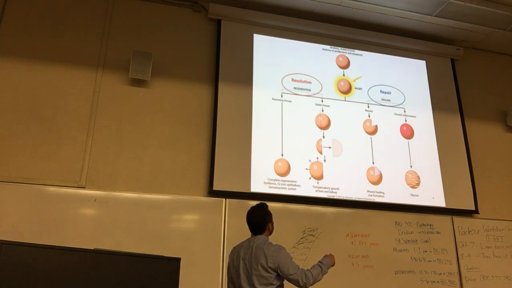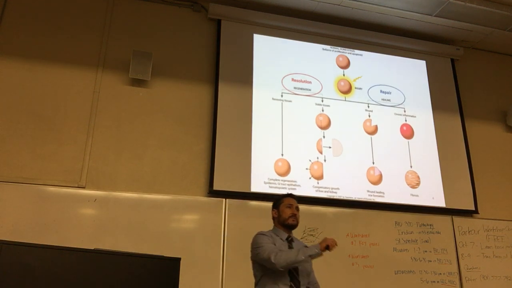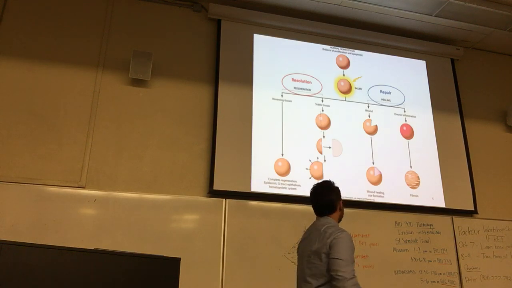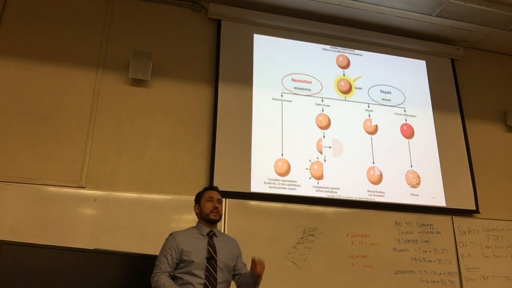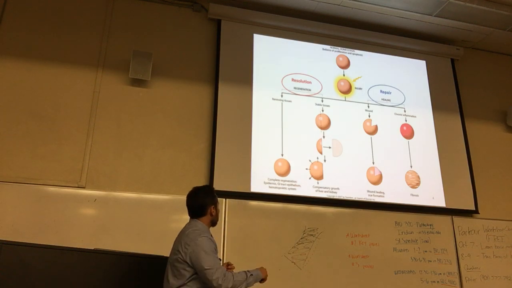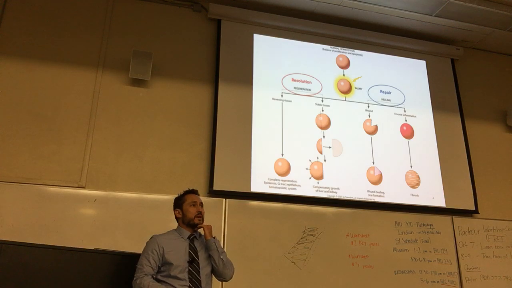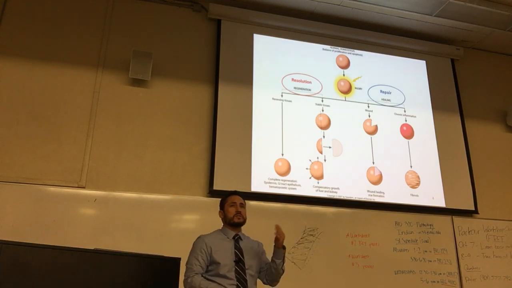Now, if we look over at the less favorable side of the tree on the right, we see that not everything is going to regenerate. Not everything is going to resolve. Not everything is going to return to normal function. In the case of normal function for the liver, now you can filter again. You can go through lipolysis or lipogenesis.